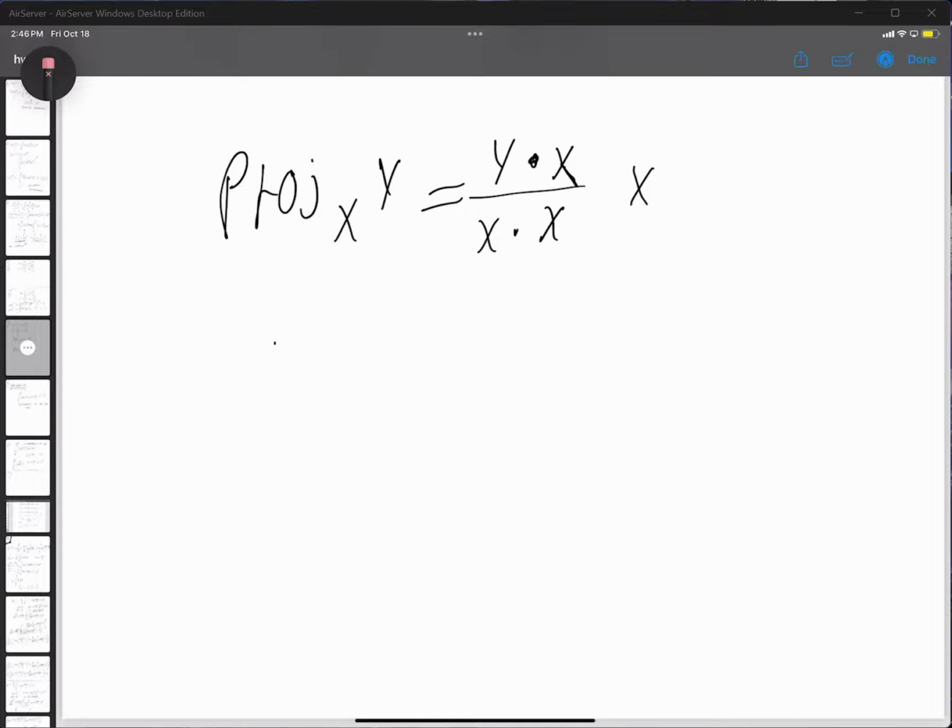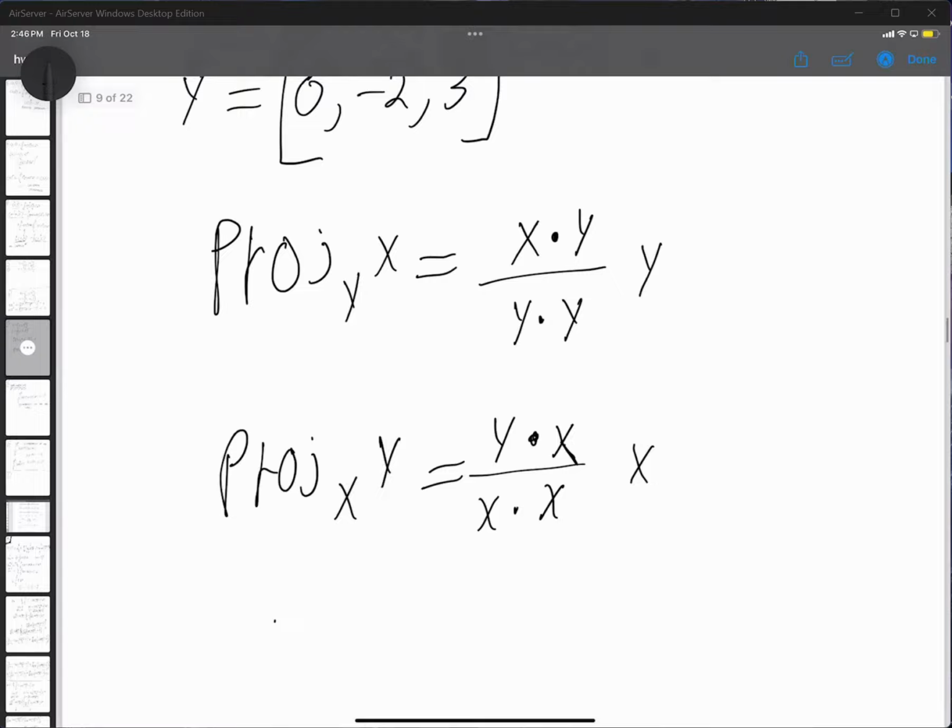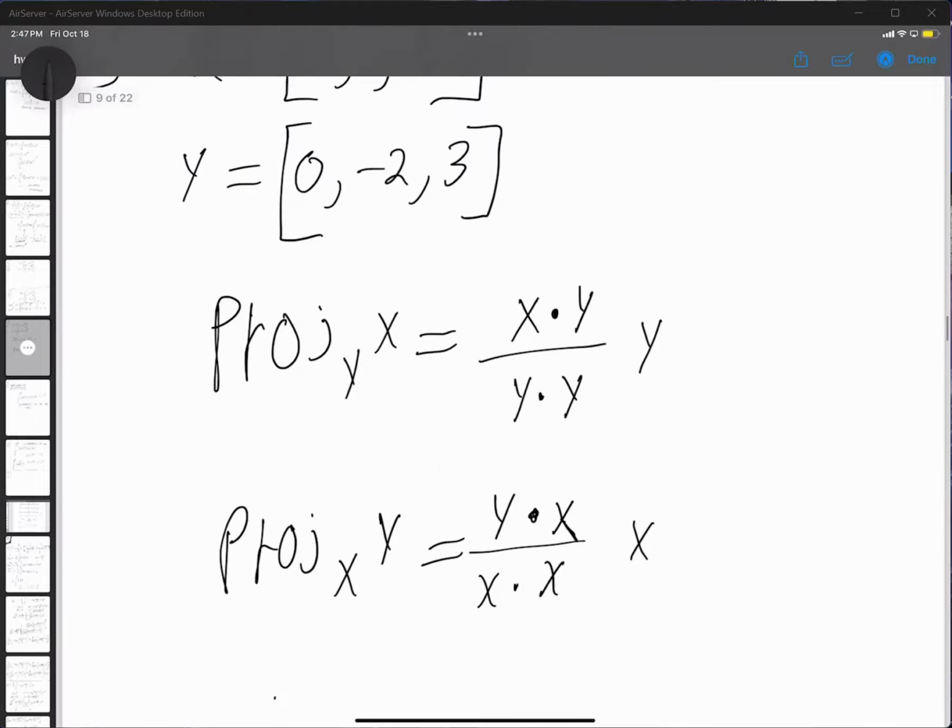Okay. So we have this formula, and you can see when we project y onto x, we do x dot y times y and then y dot y on the bottom. So it's key to know the one you're projecting onto.